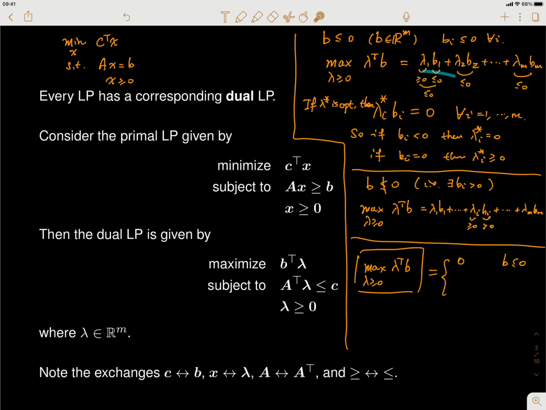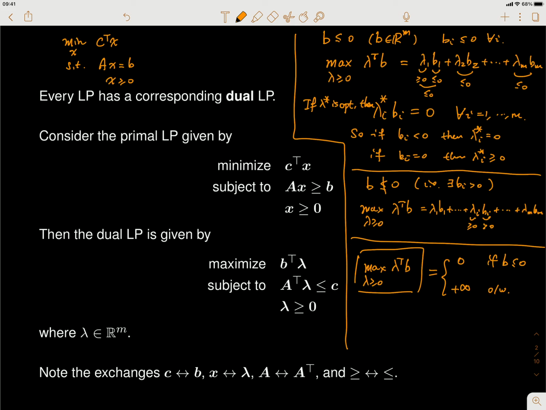Every term is equal to 0, so the sum is equal to 0. And we showed that otherwise, if one of the components of b is positive, then this becomes infinity. So that is the conclusion that we just made.